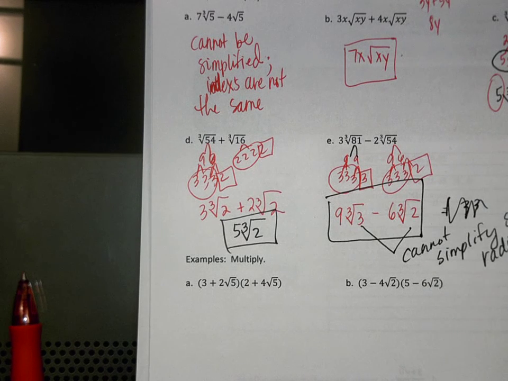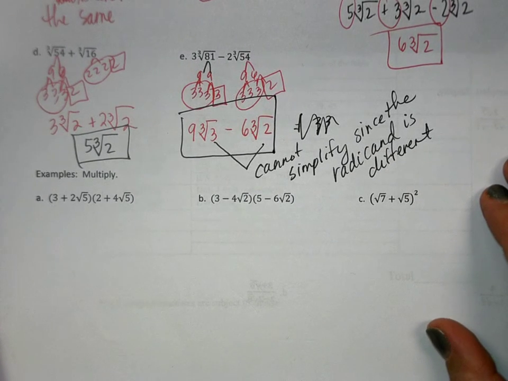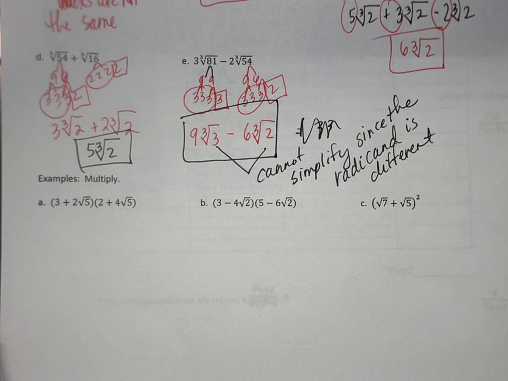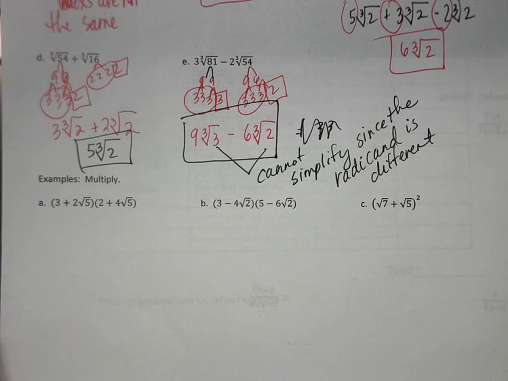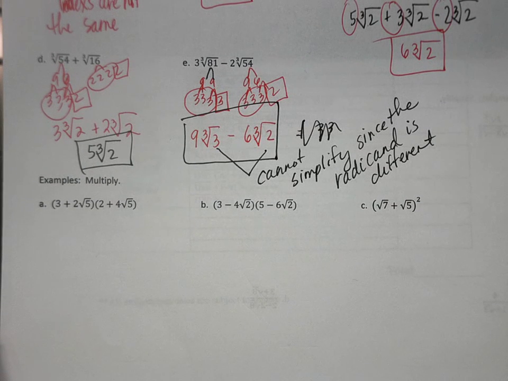Is it that figure? Oops, and you can't see what I was writing, but that's what I wrote. So you just leave it as is? Yep. You simplify as much as you can, but if they don't have the same index and the same radicand, then you would not be able to simplify any further.